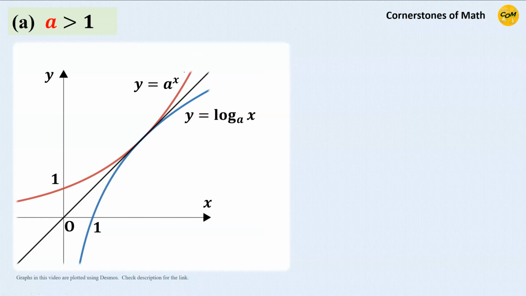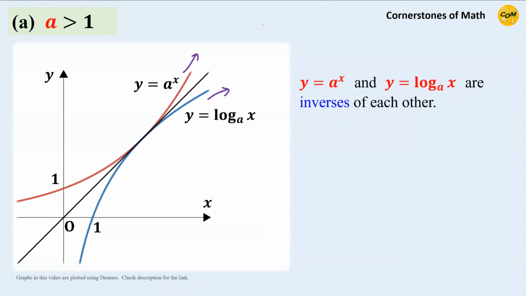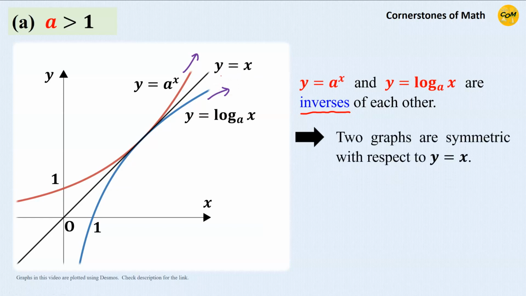In this case, both y equals a to the x and y equals log base a of x increase. But before we dive into some calculus stuff, we must first notice one important property about these two functions. These two functions are inverses of each other. And you might have learned in your pre-calculus course that if two functions are inverses of each other, then their graphs are symmetric with respect to y equals x.